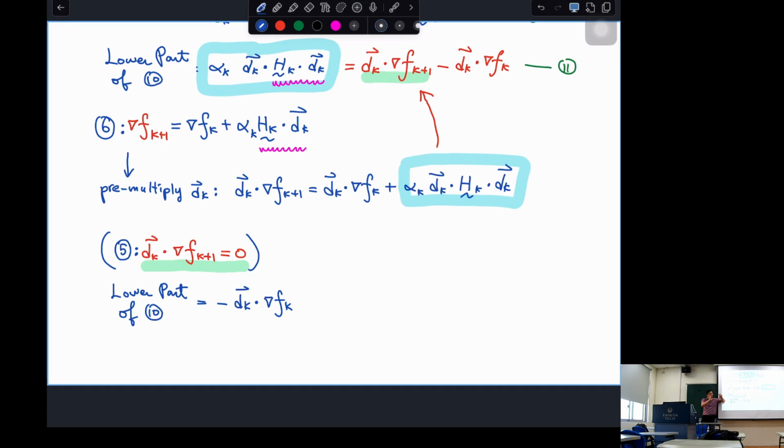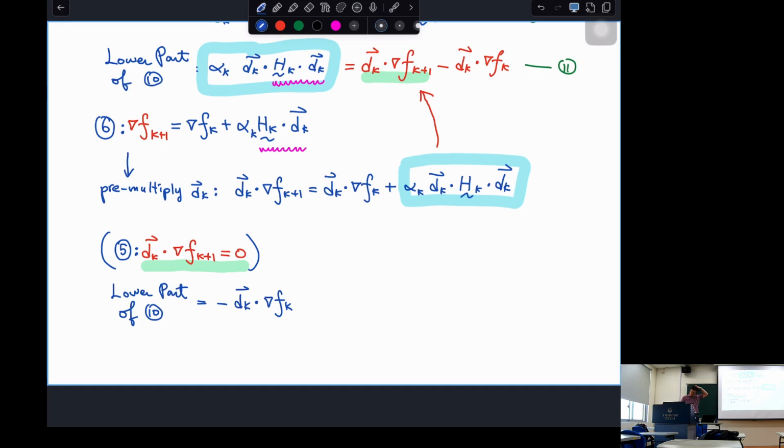If beta requires the value of dk, then you don't know how to evaluate beta k. So we want to rewrite this term in a newer form.